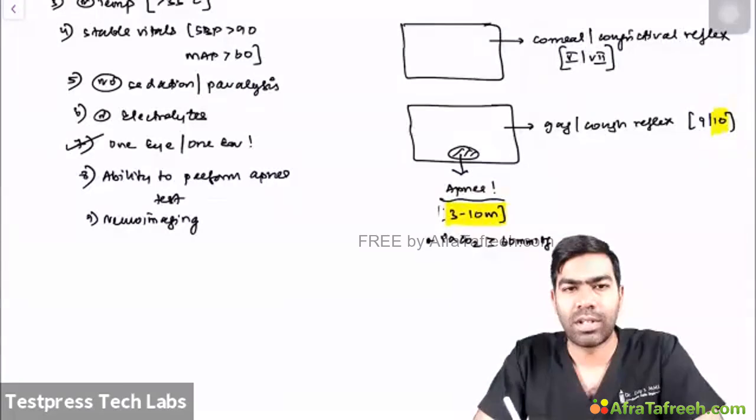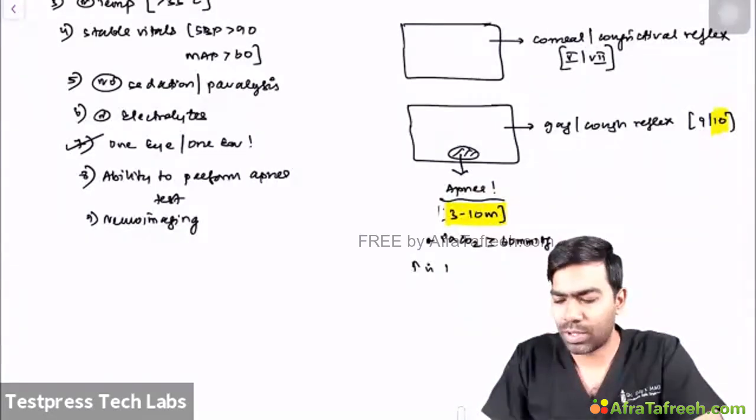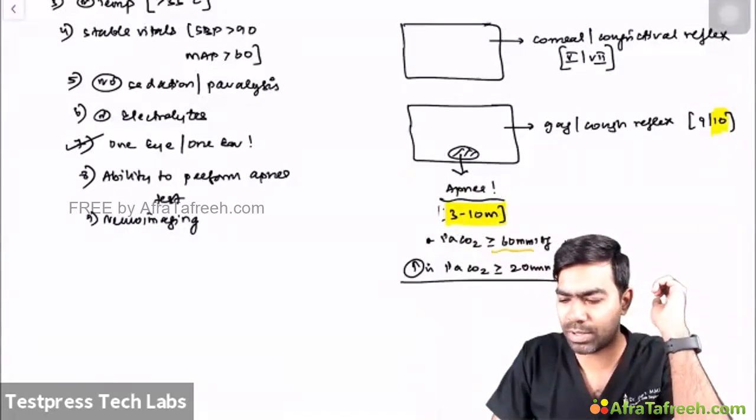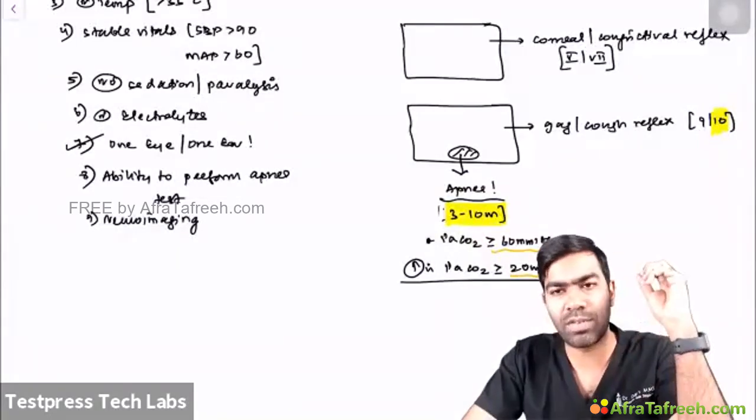Clear? Or an increase in PaCO2 beyond 20 millimeters of mercury. So either an absolute PaCO2 beyond 60 millimeters of mercury, or an increase in PaCO2 by 20 millimeters of mercury from the baseline.